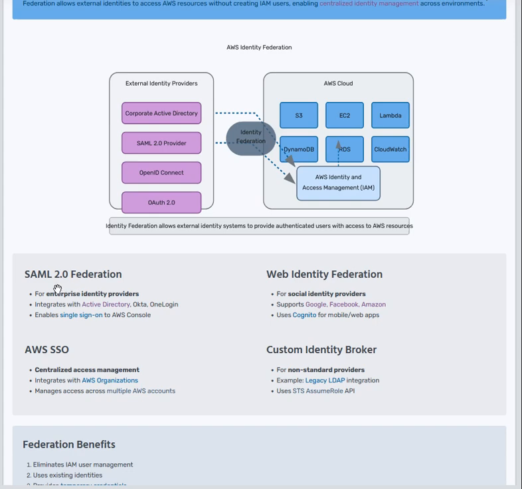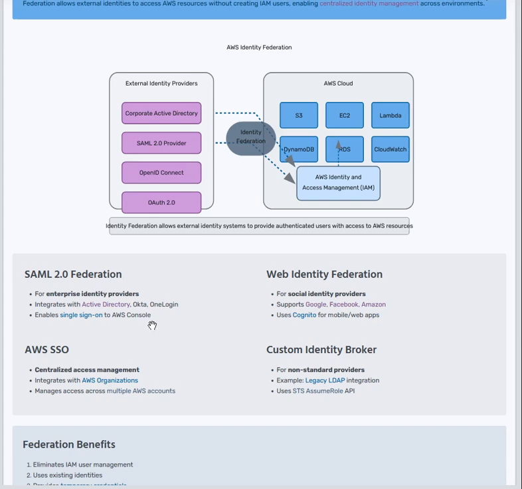So SAML 2.0 federation, for enterprise identity providers, integrates with Active Directory, Okta, OneLogin. They are some of the SAML 2.0 federation providers, right? It enables single sign-on to the AWS console.